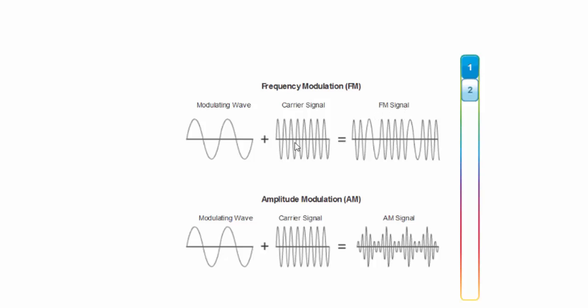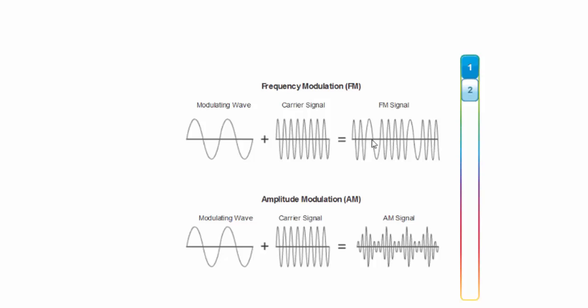So what we do is that we compose the FM signal through a carrier signal with high frequency and the input signal or the modulating signal, and the composition of this will be so if it's high, this means high frequency. If the voltage is low, we use lower frequency, as we can see here.